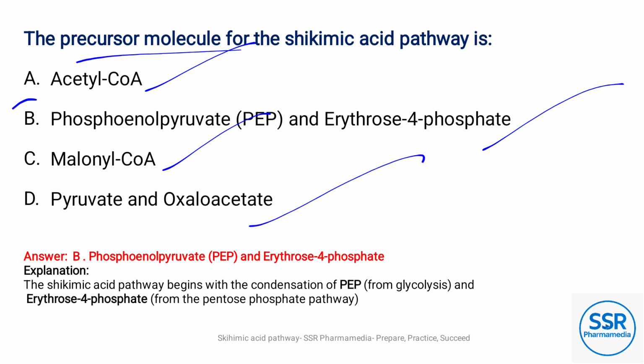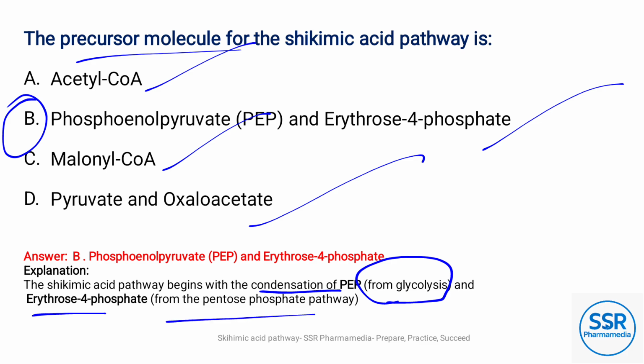So the answer is option B, phosphoenol pyruvate and erythrose phosphate. The shikimic acid pathway begins with the condensation of phosphoenol pyruvate and erythrose phosphate. Phosphoenol pyruvate is obtained from glycolysis, and erythrose phosphate is obtained from the pentose phosphate pathway.